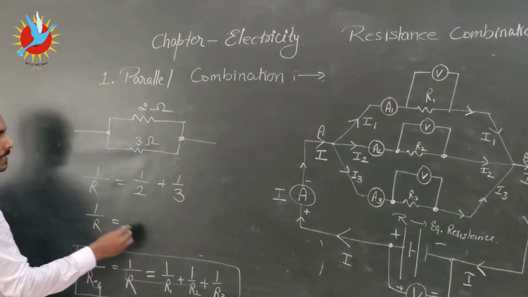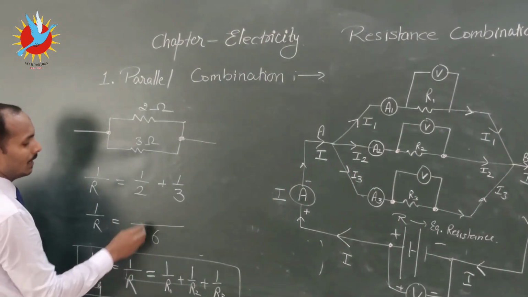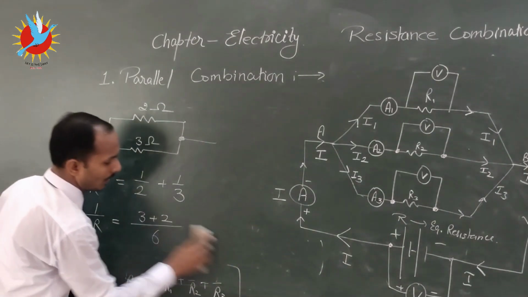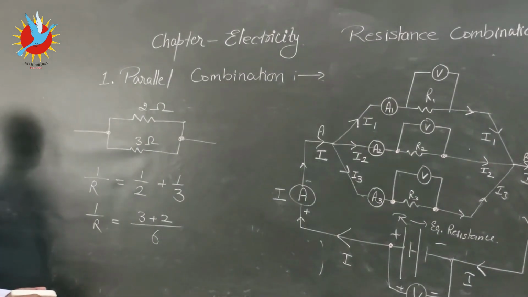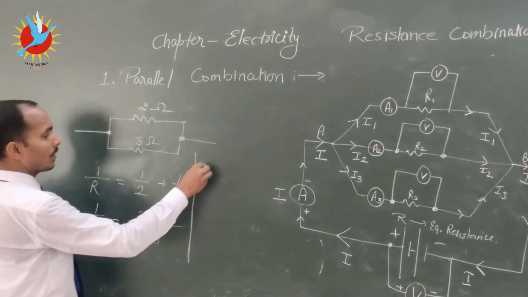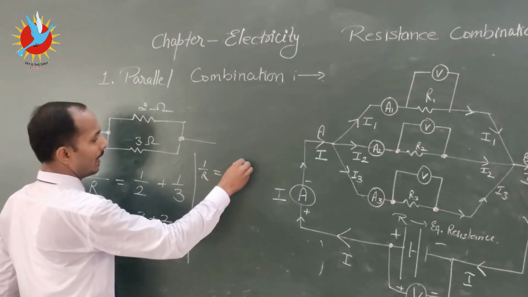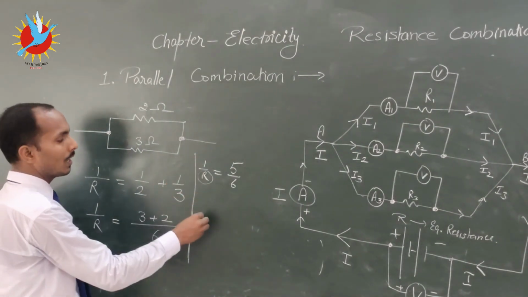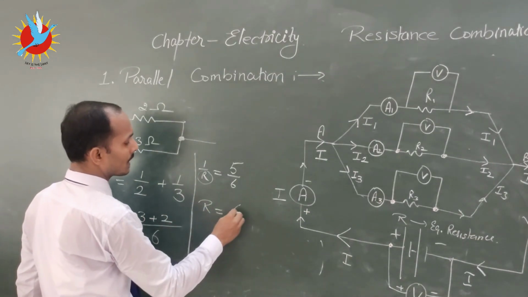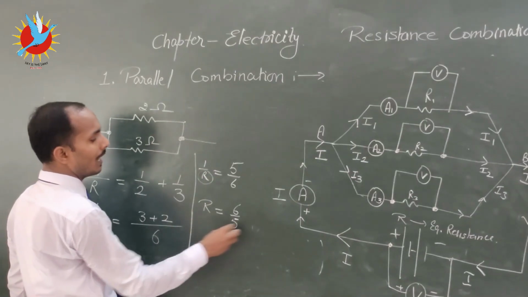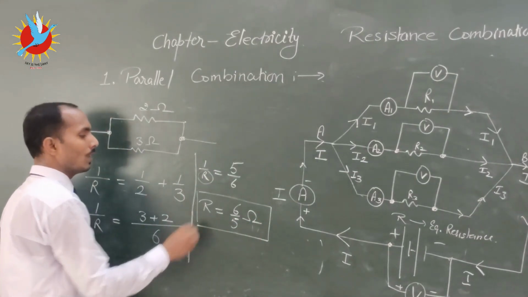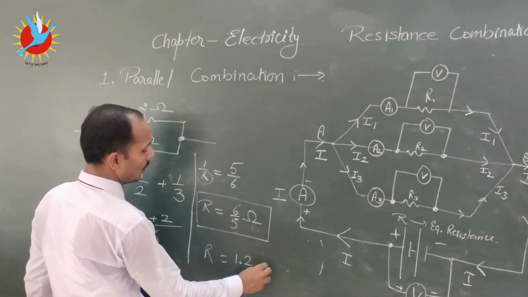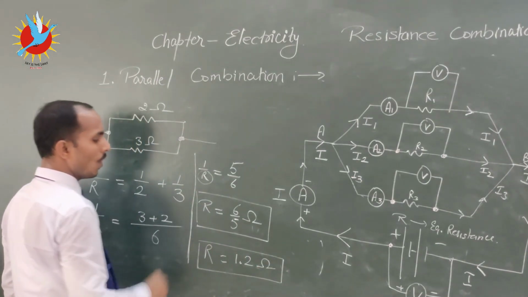The LCM is 6, so it becomes 3 plus 2 over 6. 1 by R is equal to 5 by 6, but it is not the answer because I want the equivalent resistance R, not 1 by R. So the total equivalent resistance is 6 by 5 ohm, taking the reciprocal. It is equal to 1.2 ohm.